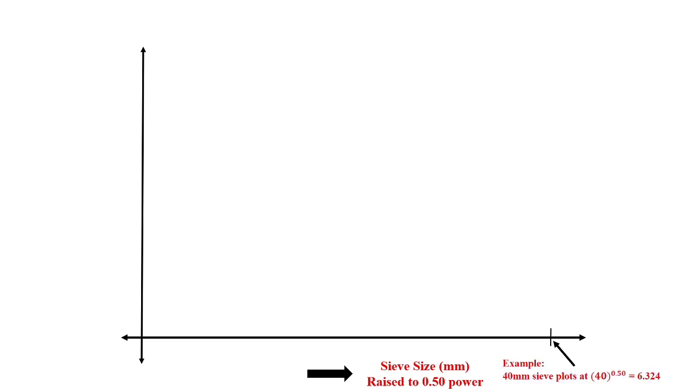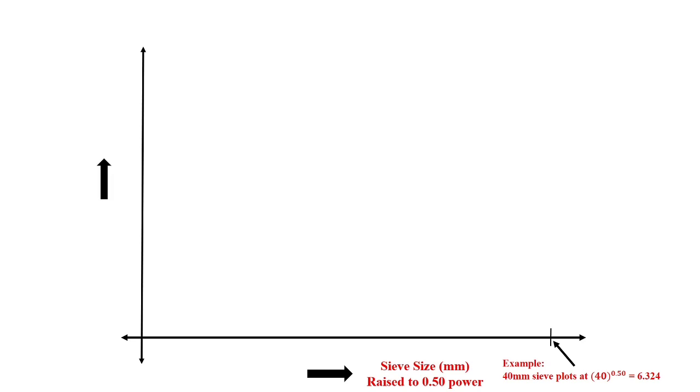Because we have used Fuller's equation: since x is raised to the 0.5 power, we raise the 40 mm sieve size to the 0.5 power, and whatever value we obtain represents the 40 mm. So 6.324 will represent the 40 mm sieve plot for this example.